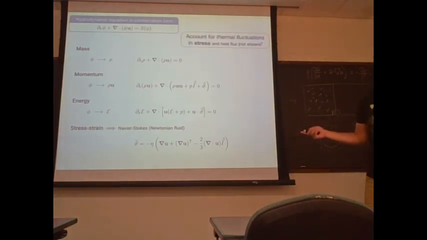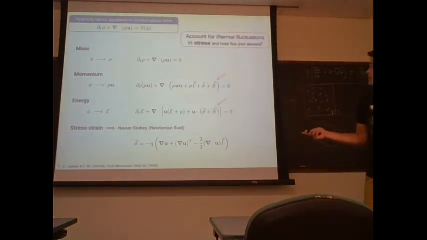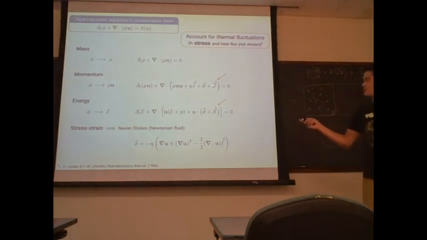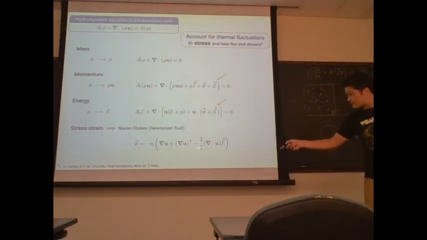The key is to account for thermal fluctuations. So in order to do that, you can end up adding this stochastic term. In this case, this S is a stochastic stress. So the stress tensor will have some value that's calculated from these velocity gradients.